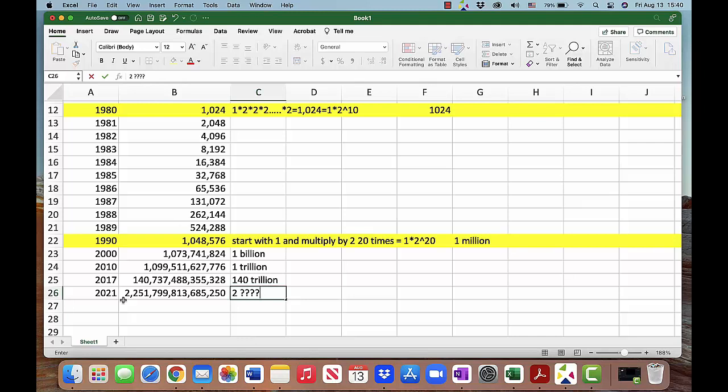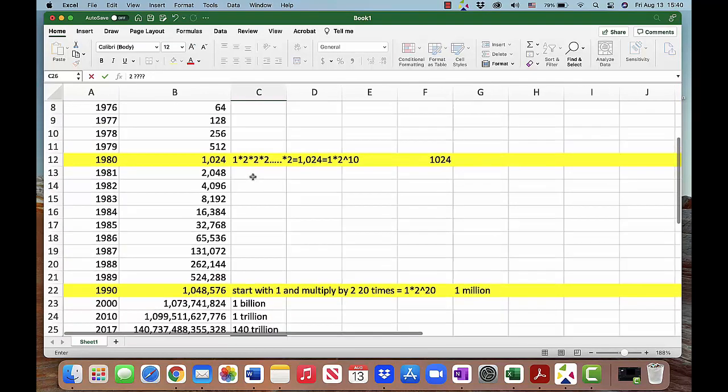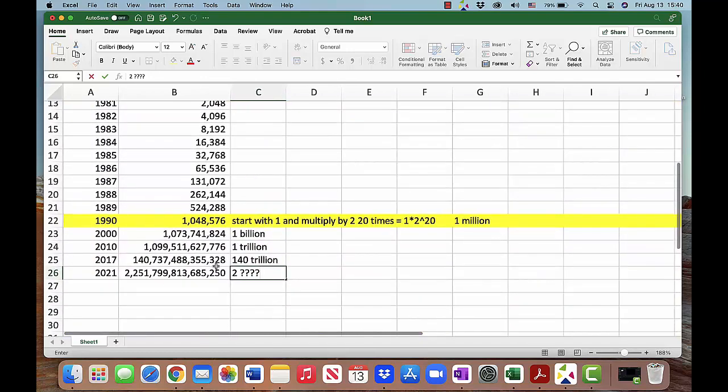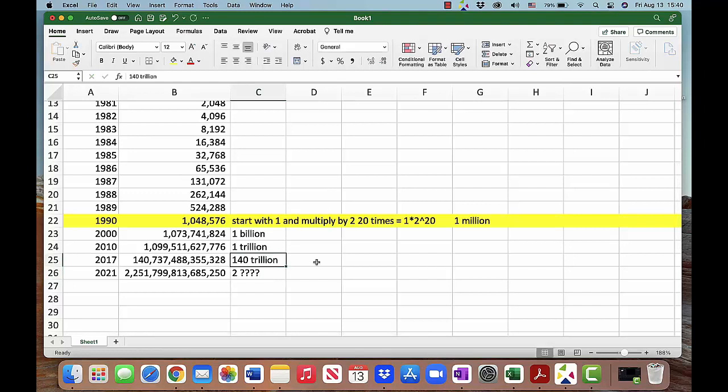Alrighty, but now going back into understanding what happened. The question asks us whether that statement was reasonable. Well, if it were reasonable, then multiplying by 2 would produce numbers that make sense. Well, having 140 trillion children living in poverty in 2017 cannot be possible.